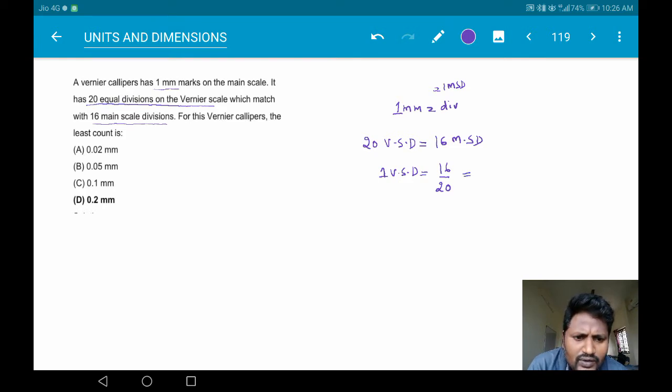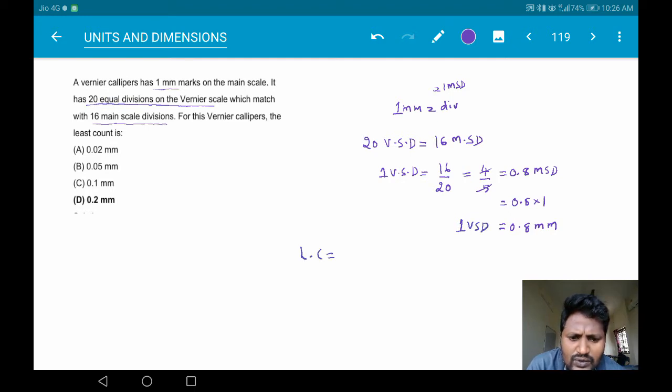Okay, so we are going to get 4 by 5, that is 0.8 MSD. That means one main scale division is divided into 0.8 MSD. That means 0.8 into 1, that is 0.8 millimeter is 1 vernier scale division. So we know the formula for least count.